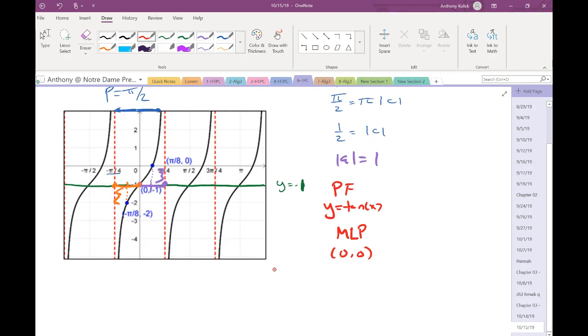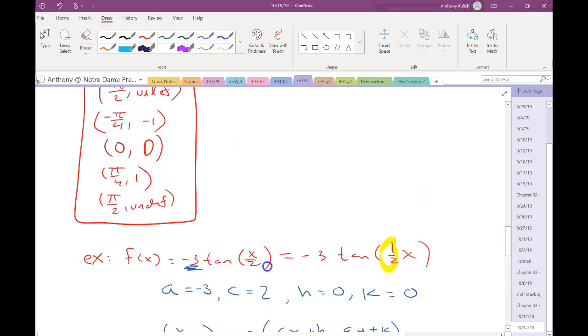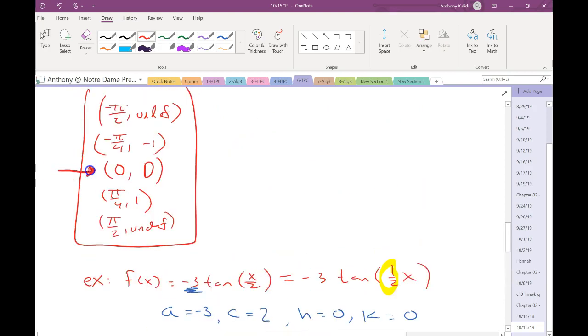So let's go back and look at those key points that we just wrote down a minute ago. So here's my midline point. Immediately preceding the midline point is the graph above or below the midline? Below.